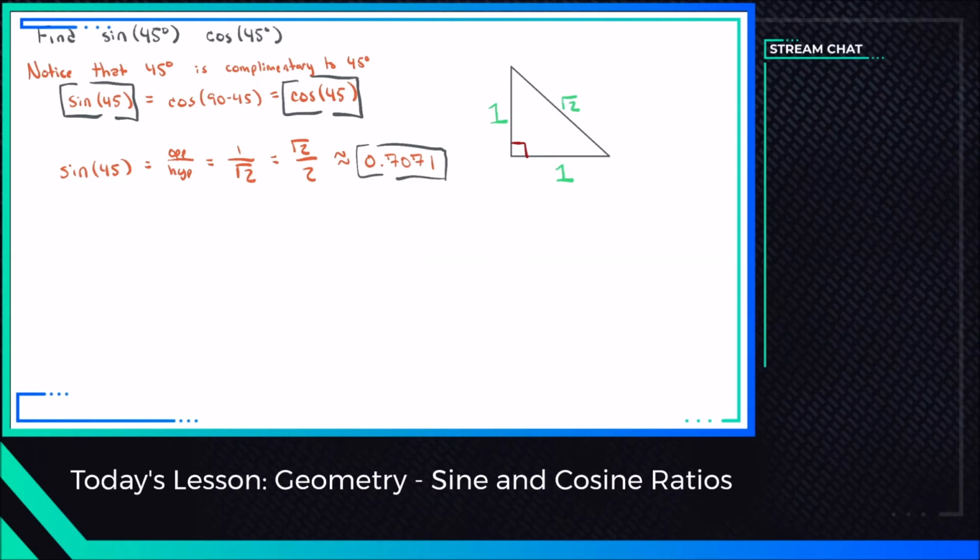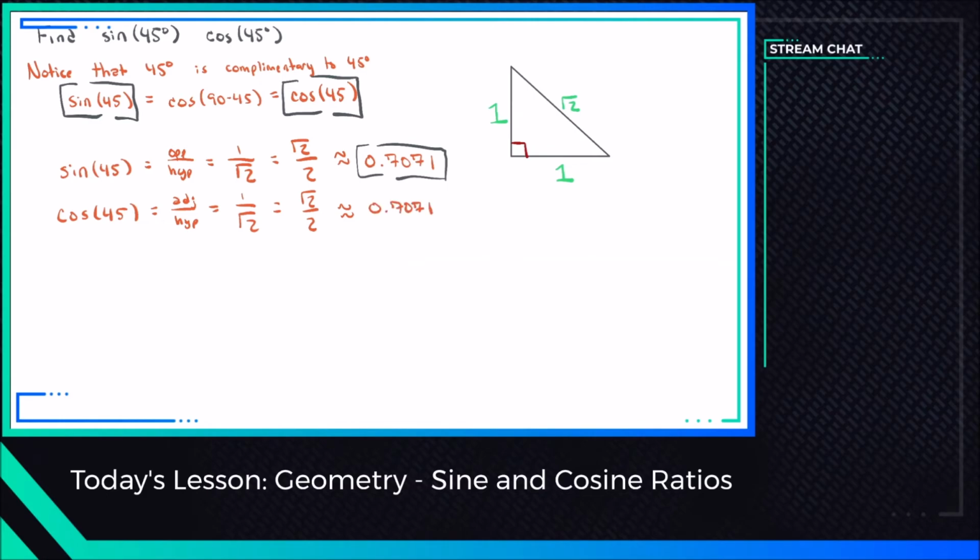And just to reiterate this fact that the sine and cosine are equal to one another, the cosine of a 45-degree angle is equal to the adjacent leg over the hypotenuse. Well, the adjacent leg is going to be equal to 1 over the square root of 2, which is equal to, once again, square root of 2 over 2, which is approximately equal to 0.7071.